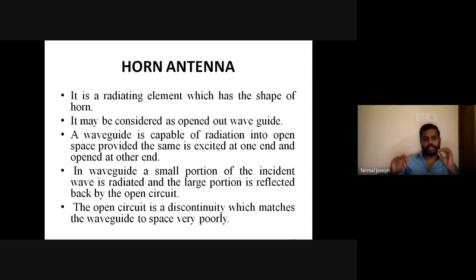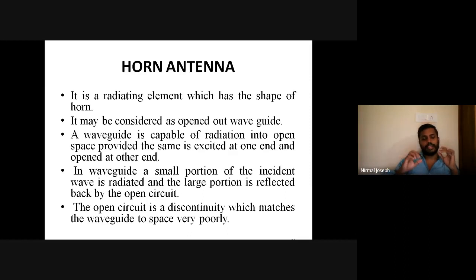Okay. So a waveguide is capable of radiation into open space provided it is excited at one end and opened at the other end. See, a waveguide I am placing, and excited at one end means I am just giving signals to that waveguide, and the other end is just kept open. So what will happen?